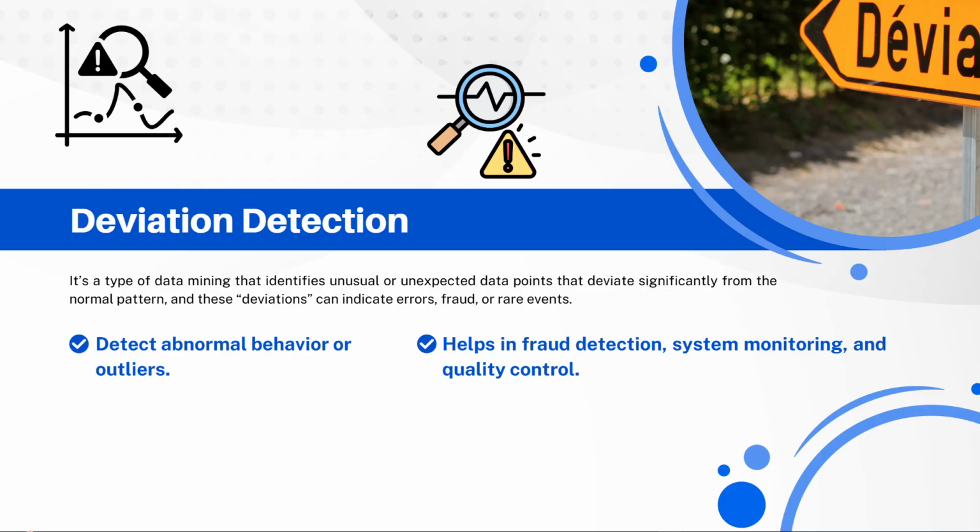Deviation detection also detects abnormal behavior or outliers, which are different from the usual ones. It helps in fraud detection, system monitoring, and quality control to make a better outcome.